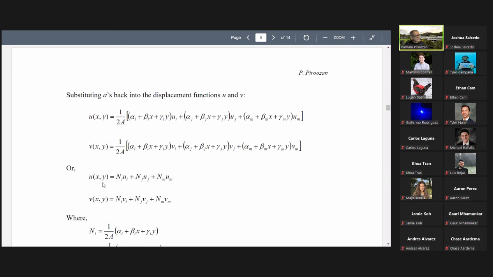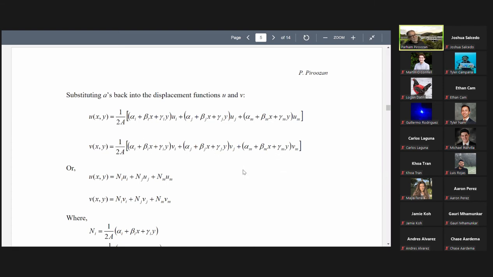We can write them like this. This U we can write, we call this one NI, as you see: NI UI plus NJ UJ plus NM UM. And the same for V: NI, NJ, NM.